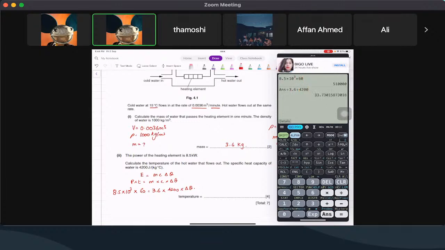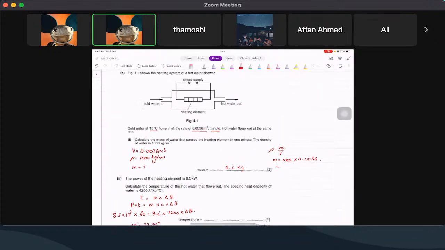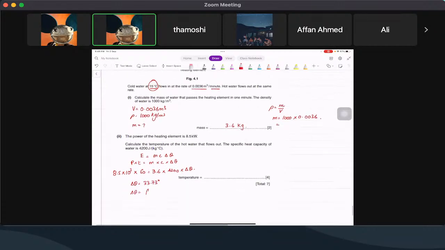So the change in temperature is going to be 33.73 degrees. Now, what are you going to do next? The water in was at 15, so the change in temperature is the final temperature minus the initial temperature.